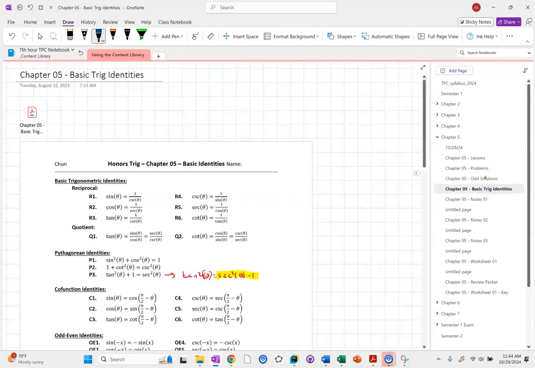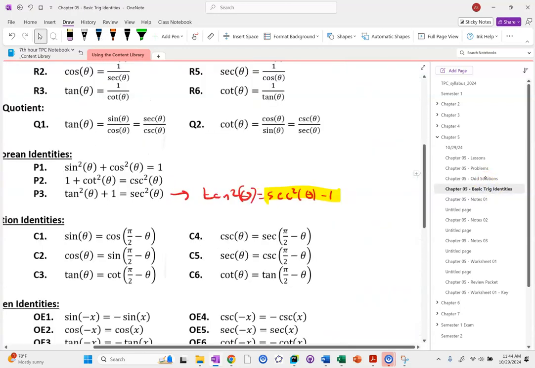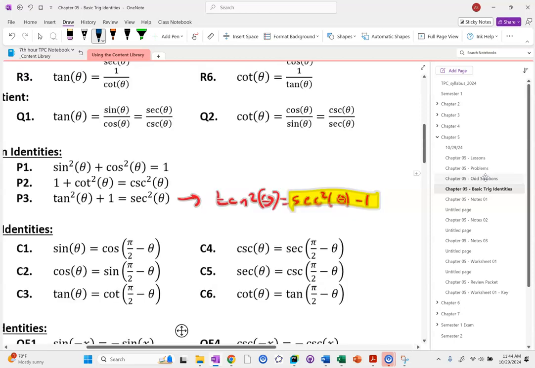So if I look at P1, if I subtract cosine squared from both sides, sine squared is equal to 1 minus cosine squared, that's also P1. Or if I had subtracted sine squared from both sides, I could say cosine squared is 1 minus sine squared.